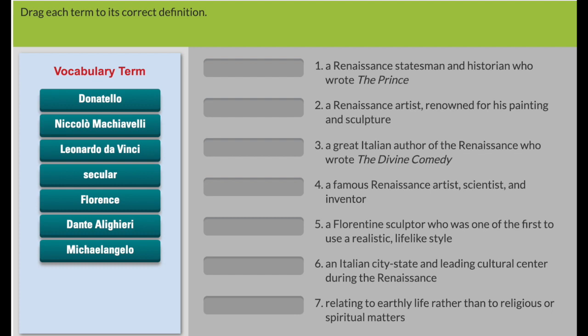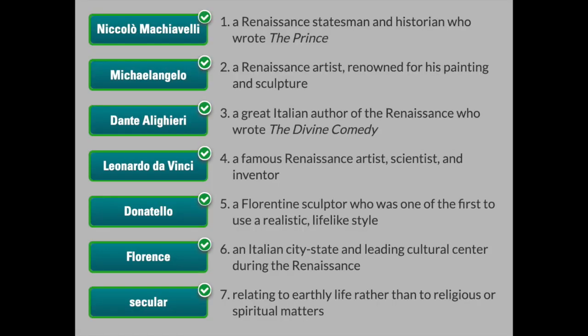So here is a list, and see if you can match the person with the big thing that they accomplished. Some of these figures you're probably familiar with, like Michelangelo, who was very renowned for his artwork and his sculpture. You probably know Leonardo da Vinci, who wasn't just an artist, but a scientist and inventor as well.